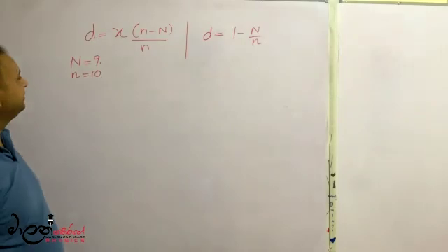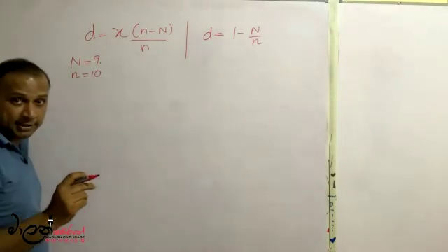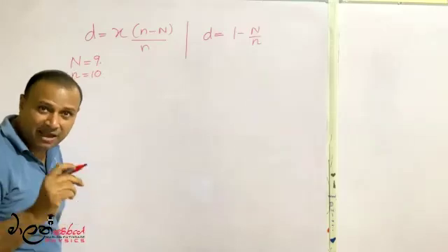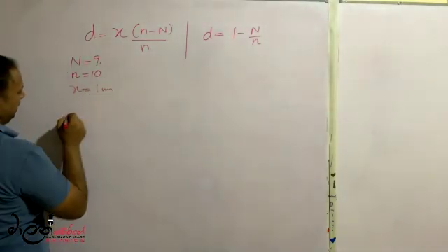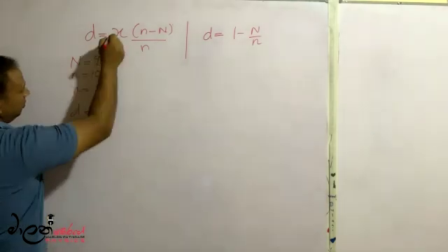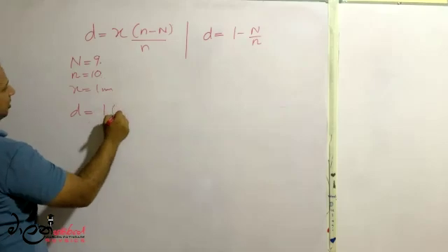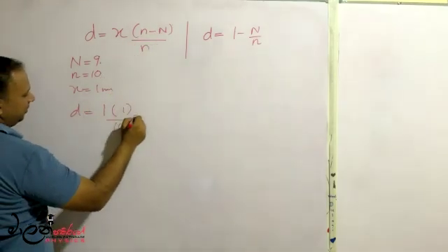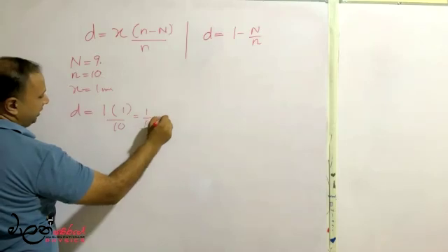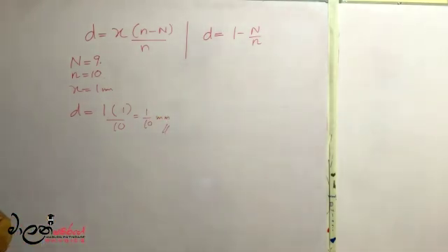As this is calibrated in millimeter scales, therefore x value should be equal to 1 millimeter. Therefore, D is equal to 1 into n minus N over n, that is 1 over 10 millimeters.